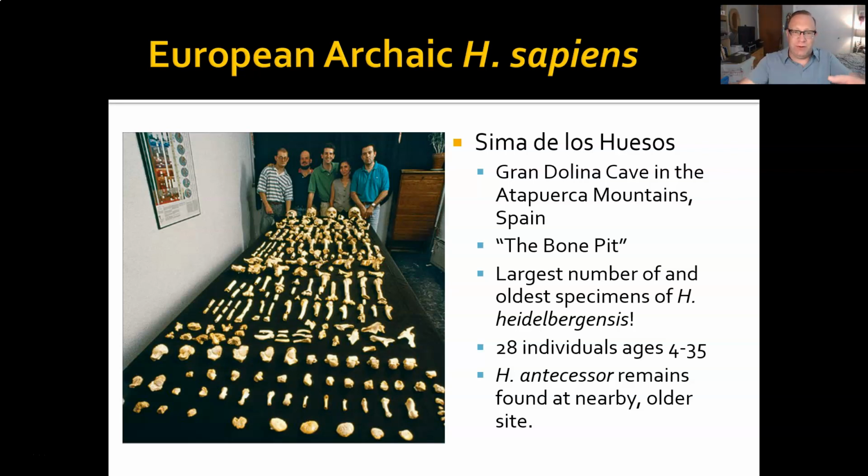Interestingly, the bodies would hit some rocks, the pit would go straight down, and then it would incline a little bit, and then the bones would collect at the bottom there. And as a result, we have one of the best representations of a population over many generations, and ages of death that we've ever found.